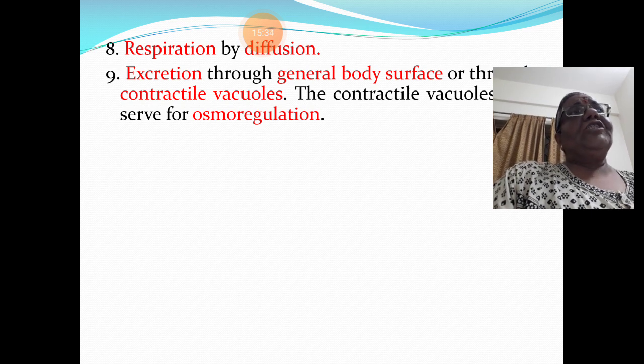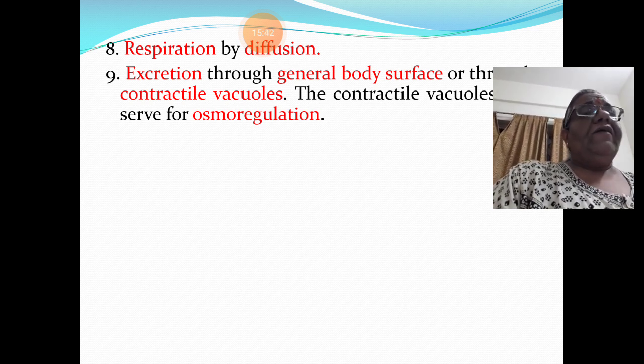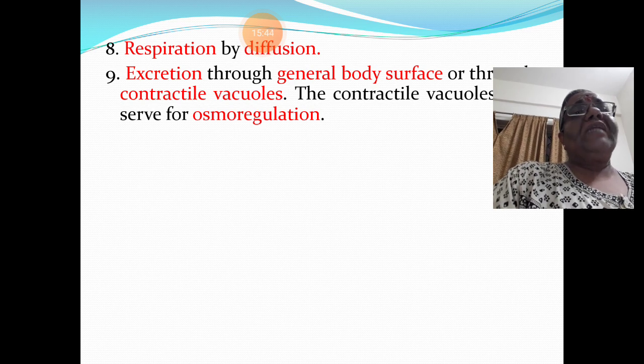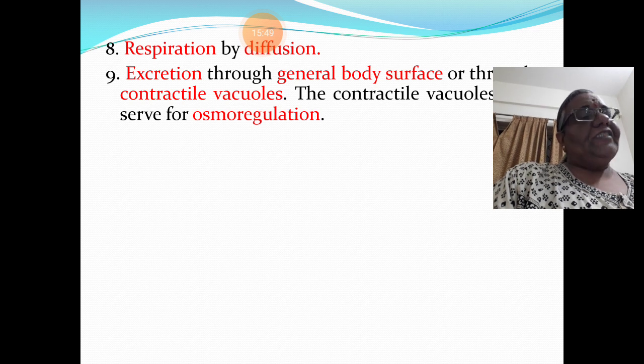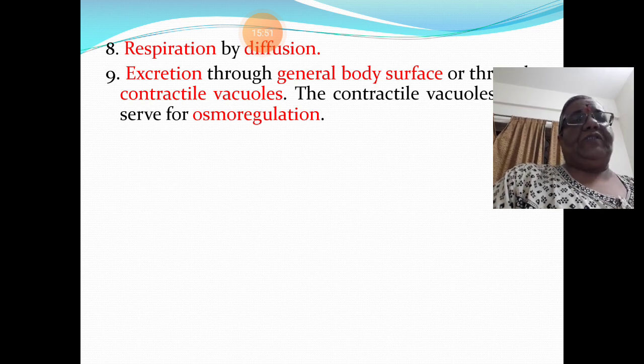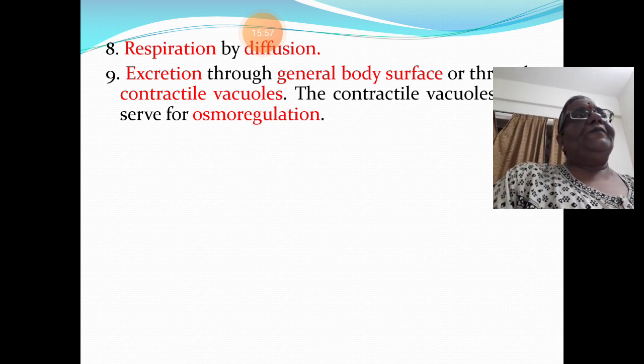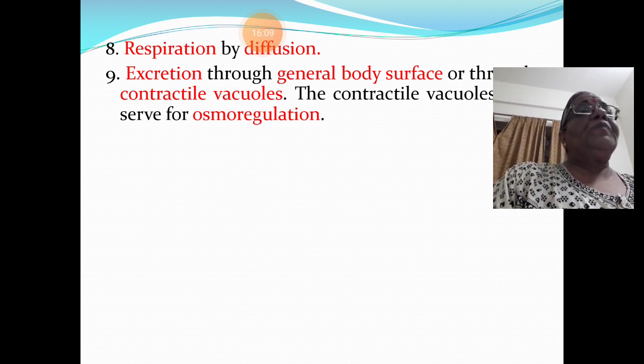That excess water needs to be thrown out to maintain the ionic balance, and that is taken care of by contractile vacuoles. So contractile vacuoles are more pronounced in freshwater forms than in other protozoans. So excretion either through general body surface or through contractile vacuoles, and the contractile vacuoles, apart from serving as excretory structures, primarily take care of osmoregulation.